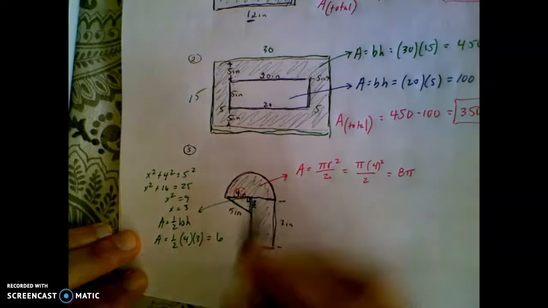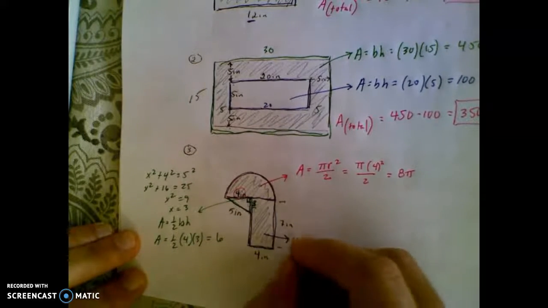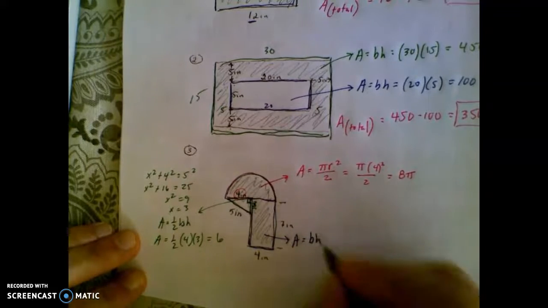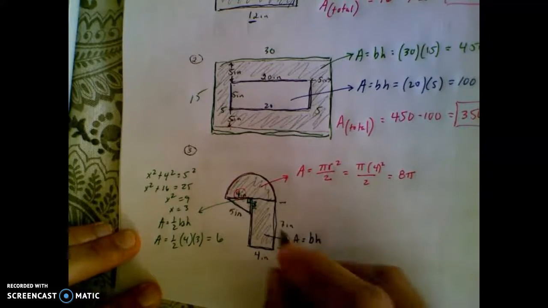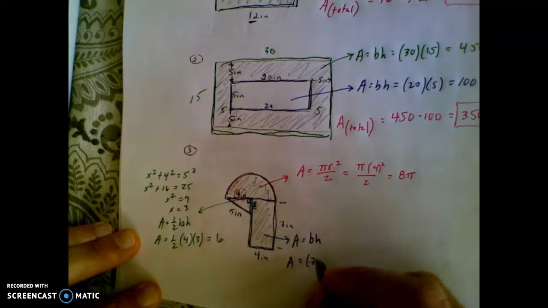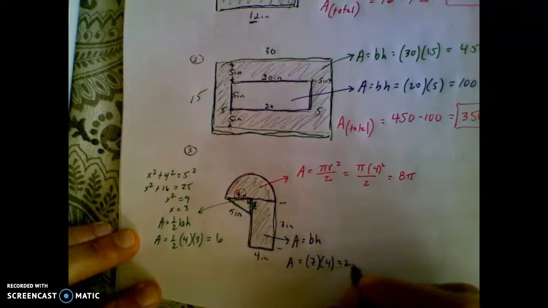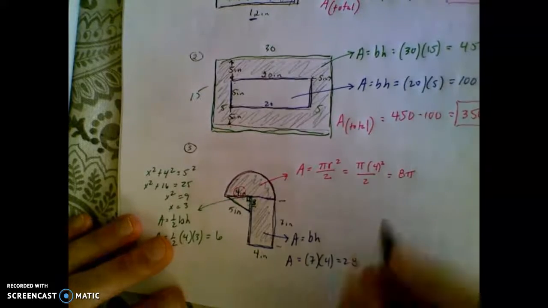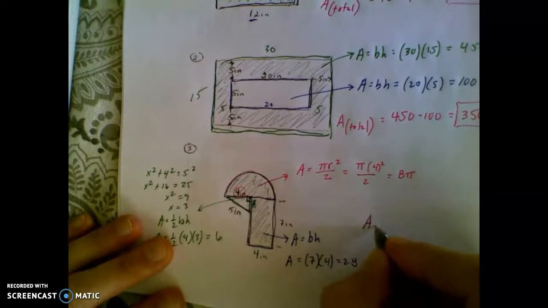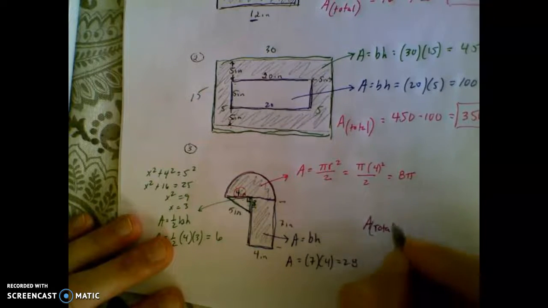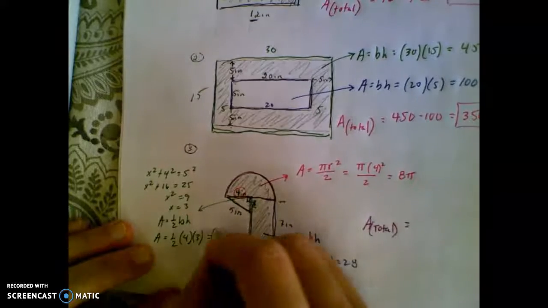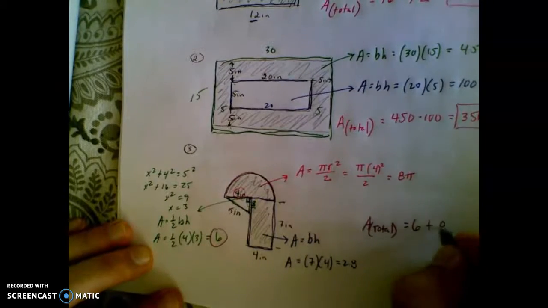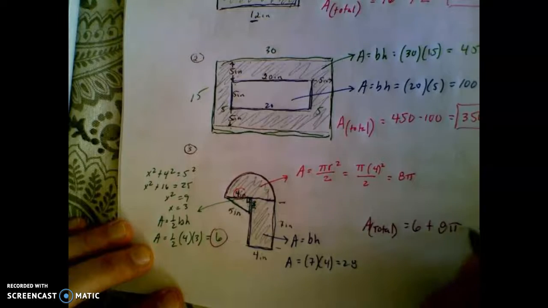Last shape that I see here is this rectangle that's 4 by 7. So area is equal to base times height. So base and height again are going to be 7 and 4. So that's 28. So now to find the area total on this, I'm going to add all these up. So I'm going to do the 6 plus the 8 pi plus the 28.